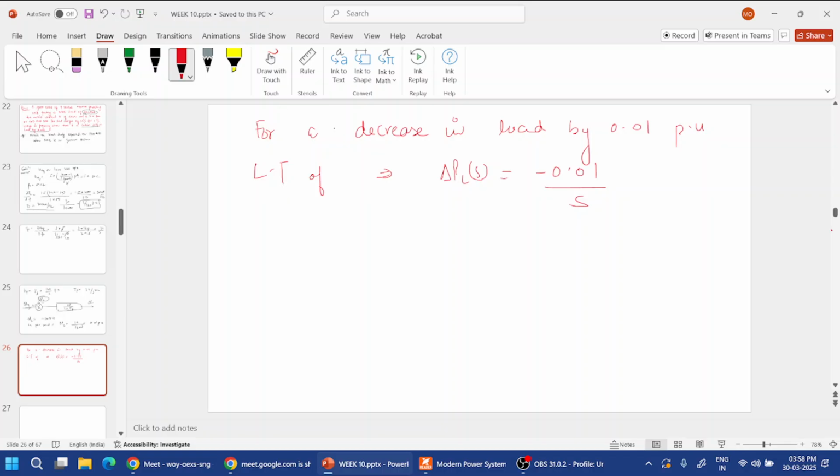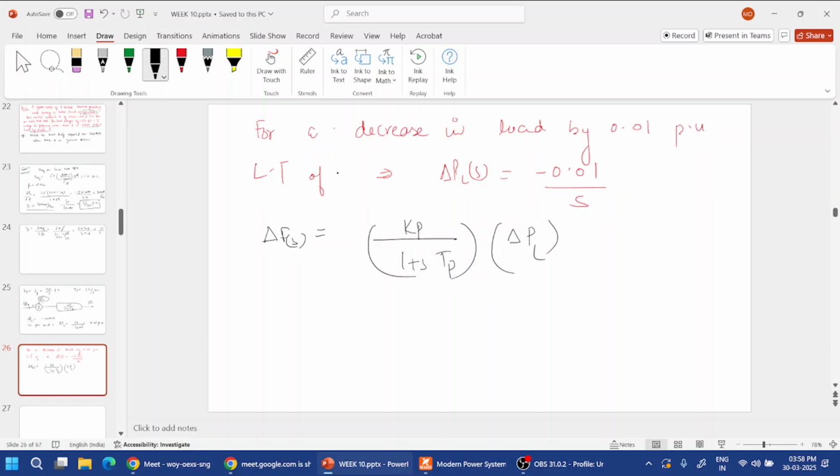So from here and from the block diagram, we already know what del F(s) is. Del F(s) is equal to Kp upon 1 plus sTp multiplied by the change in PL.